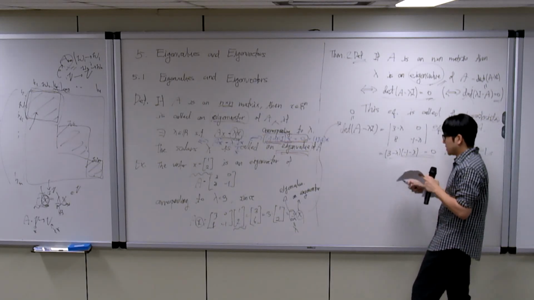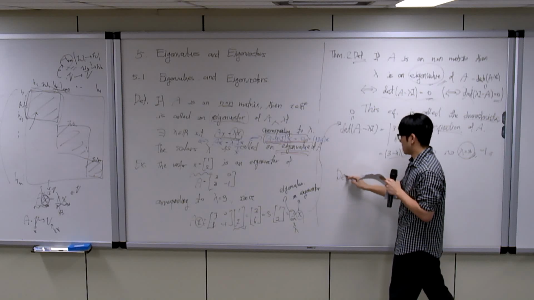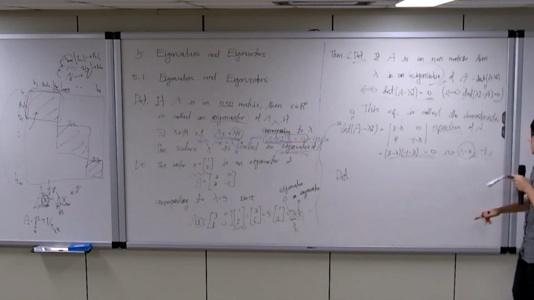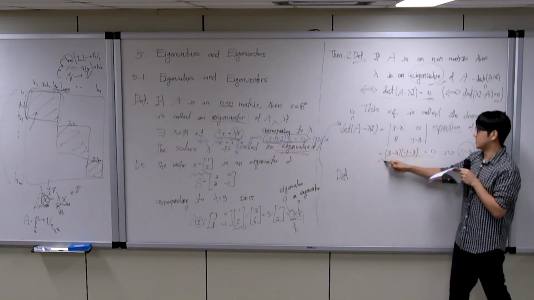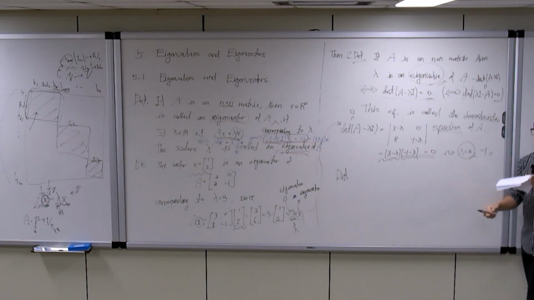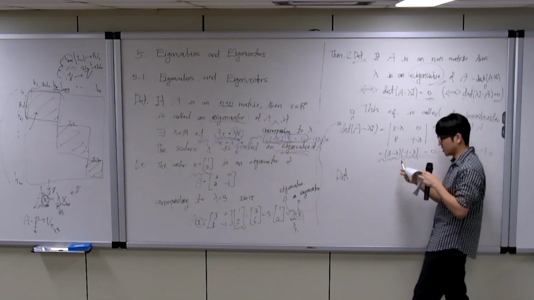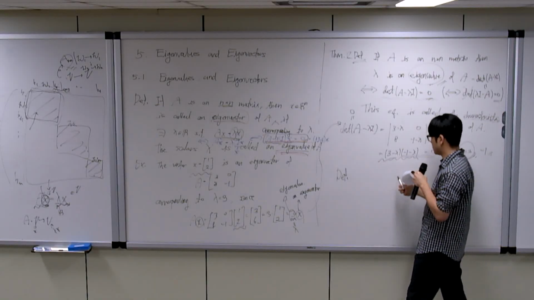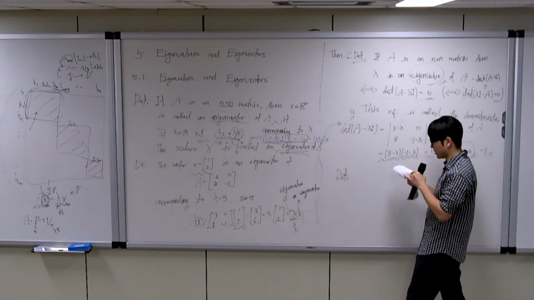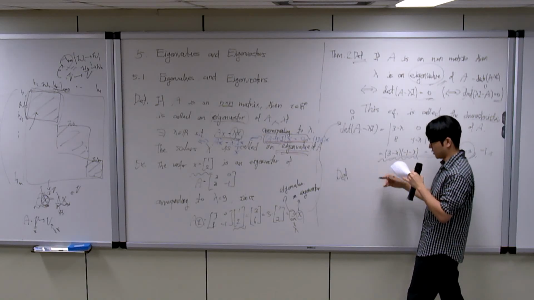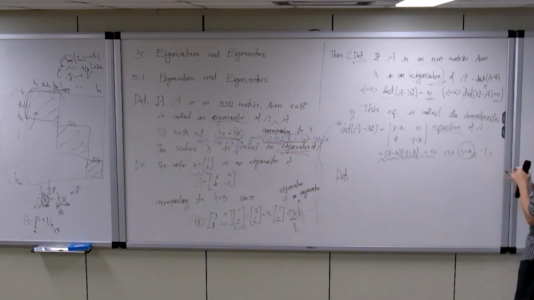So in this sense, the important thing is the polynomial in lambda in this equation. This polynomial is called the characteristic polynomial.